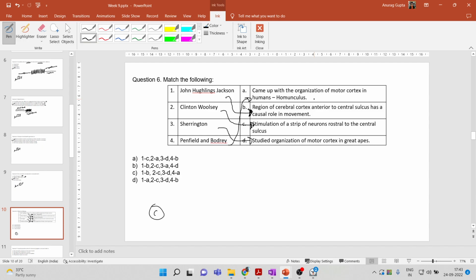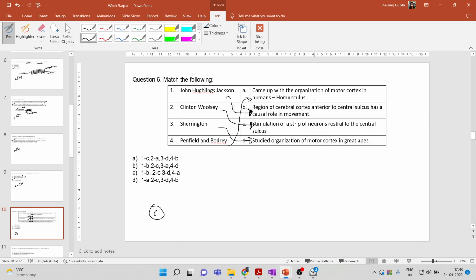Baudrillard actually noted this down. So if a particular region in the brain was stimulated, he noted which part of the body responded to the stimulation by contraction. So Baudrillard was keeping a note of all this while Penfield was doing the stimulations.